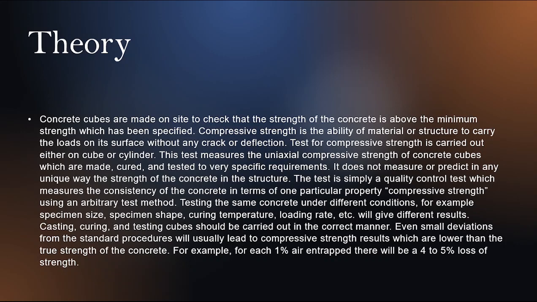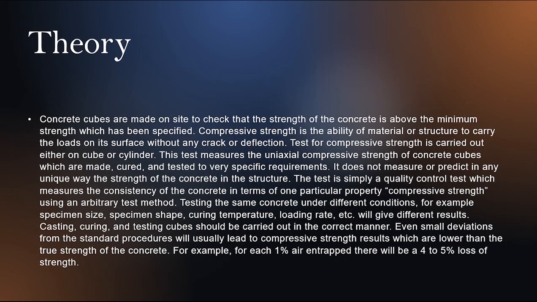Even a small deviation from the standard procedure will usually lead to compressive strength results which are lower than the true strength of the concrete. For example, for each 1% of air entrained, there will be a 4 to 5% loss of strength, because if the concrete cube by itself has many voids or empty spaces inside it, the strength of the concrete cube itself will be lowered by a lot.